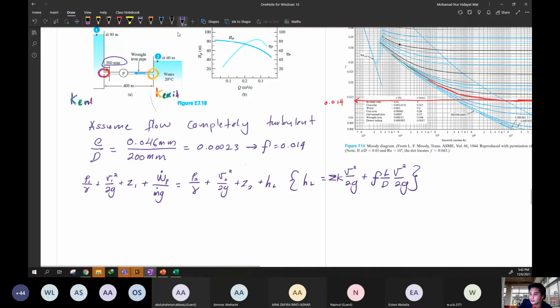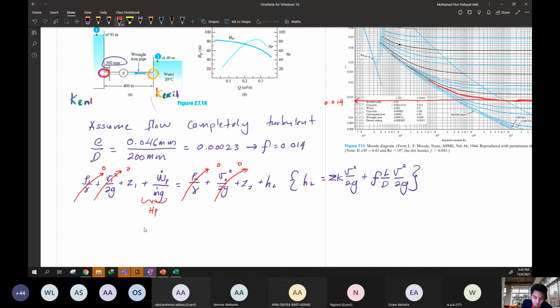Right. So from here, P1, pressure at point 1, this does not involve cavitation. So when this is not a cavitation problem, we can use the gauge pressure. The gauge pressure for atmospheric is 0, so cancel this one. And at point 2, it is 0. The velocity at point 1 and point 2 is also 0. And this one basically is the head of the pump. WP, the work rate, is the power.